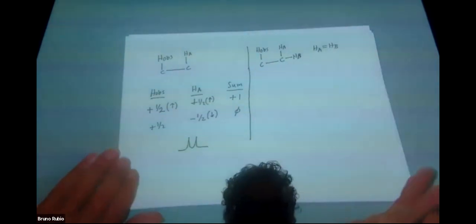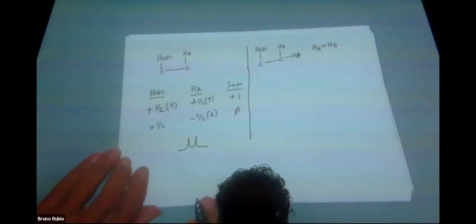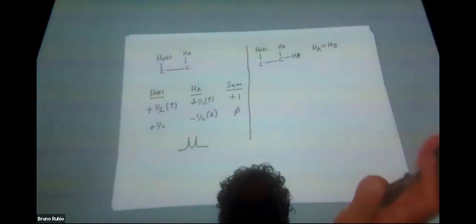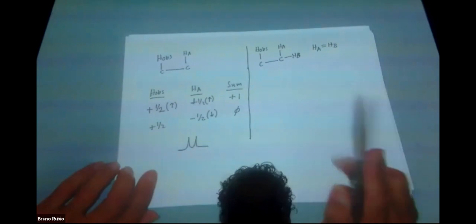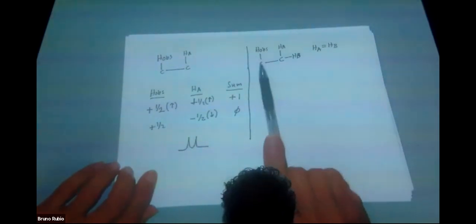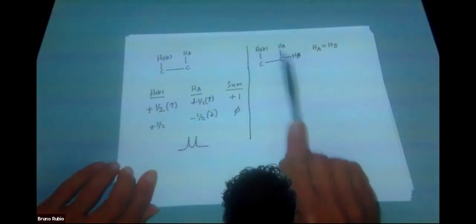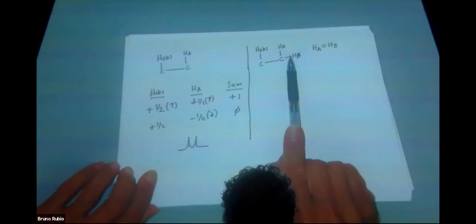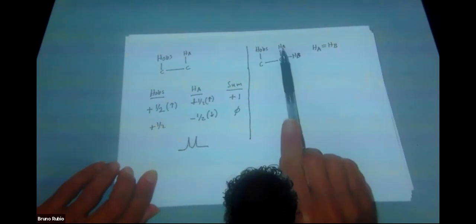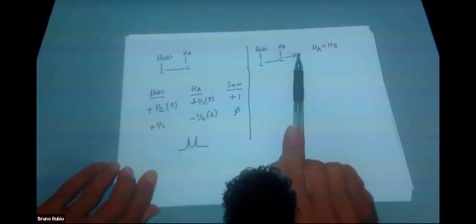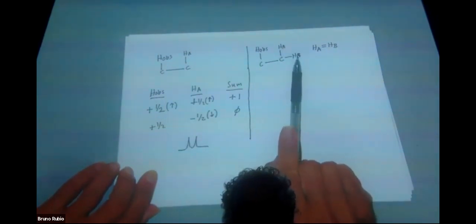I'm just putting these labels on these protons to keep track of them. Okay, so here's a situation where we can expect splitting. The observed proton is 3 bonds away from 2 other protons, n equals 2. And the n other protons are all equivalent to each other.